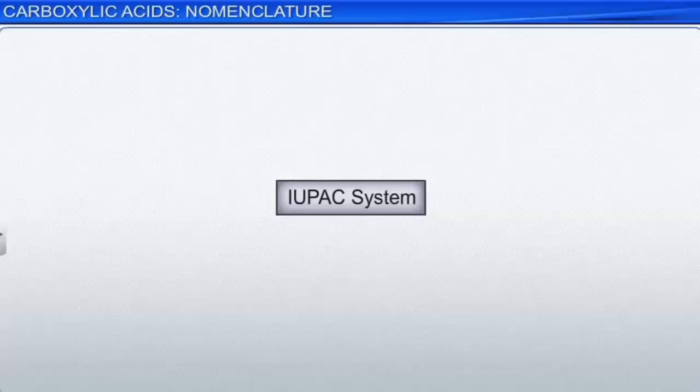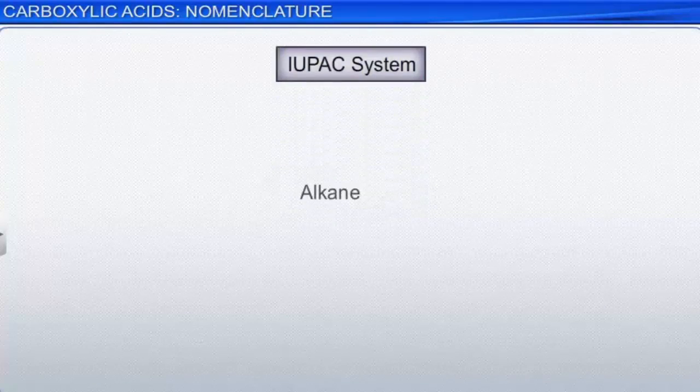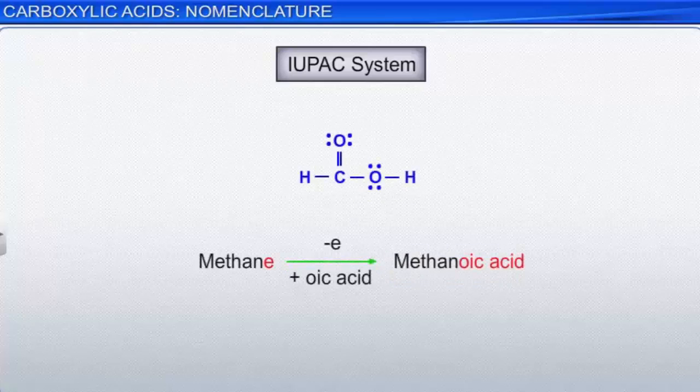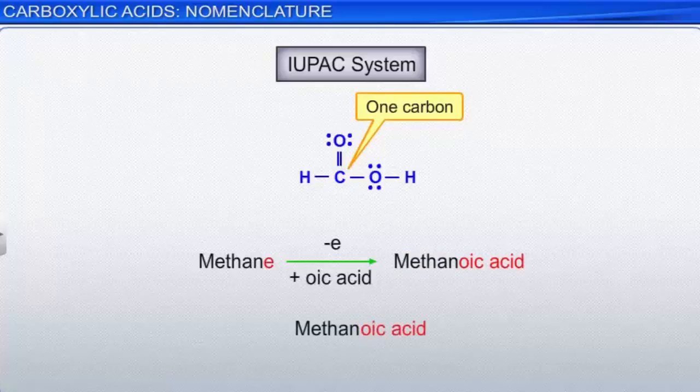Now, let's look at the IUPAC system. In the IUPAC system, carboxylic acids are named by replacing the ending E of the corresponding alkane by OIC acid to form alkanoic acid. For example, the IUPAC name for the carboxylic acid containing one carbon is methanoic acid, obtained by replacing the ending E of methane by OIC acid.